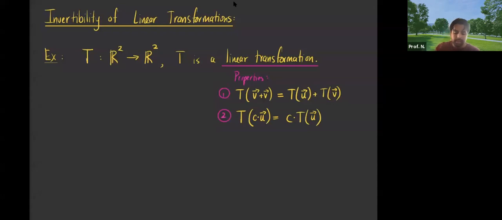Does that make sense? So note, any transformation that does not abide by the two properties above is not linear. That's important.